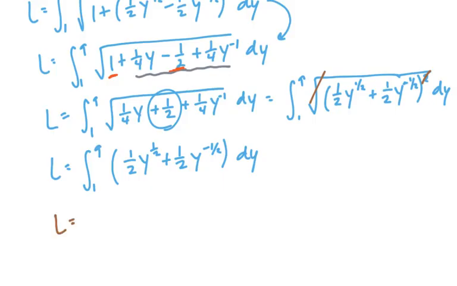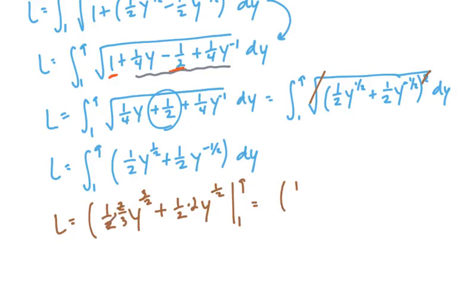We're going to say L equals, we have 1/2. When we add 1 to the 1/2, we get 3/2, and the coefficient is 2/3, plus 1/2. When we add 1, we get y to the 1/2, and when you divide by 1/2, it's like multiplying by 2 from 1 to 9.